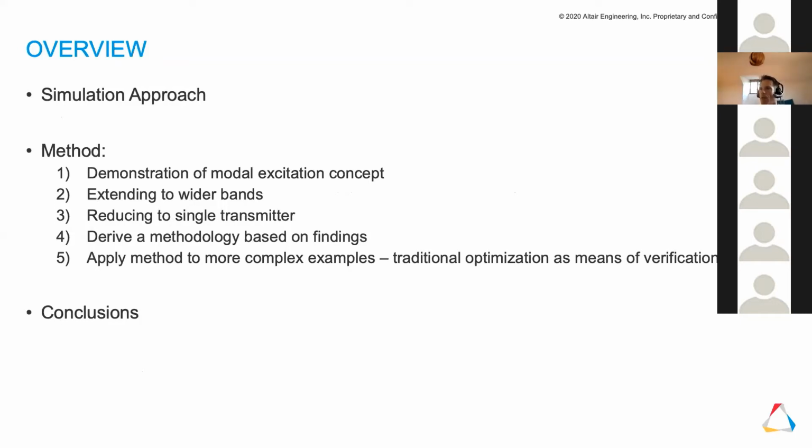The method was basically starting off from a well-understood reference, and then extending our designs to wider bands, reducing to single transmitters, and at that point deriving a methodology, and finally applying that method to two further examples.